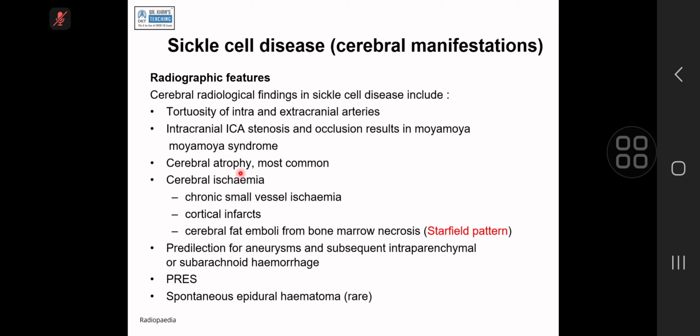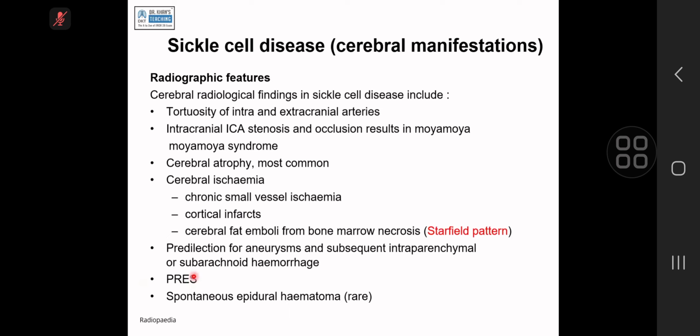He was only 23 years old. Then there can be chronic small vessel ischemia, cortical infarct, but this is what it was. Cerebral fat emboli from bone marrow necrosis, star field pattern. This word should be in your vocabulary, star field pattern. And there can be aneurysms, etc. PRES, somebody did mention PRES.